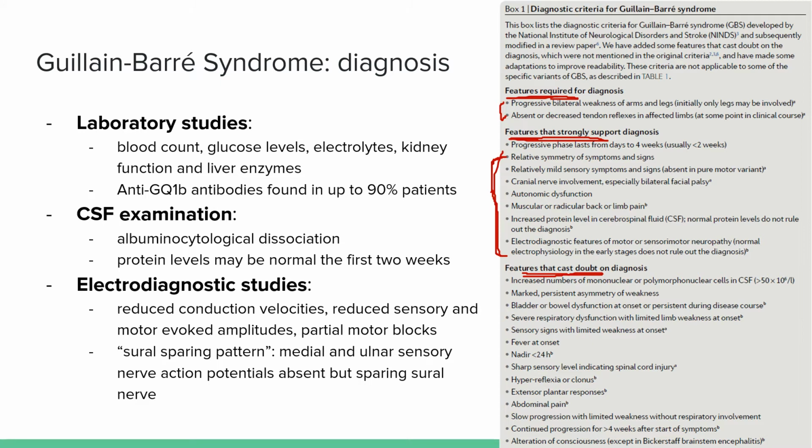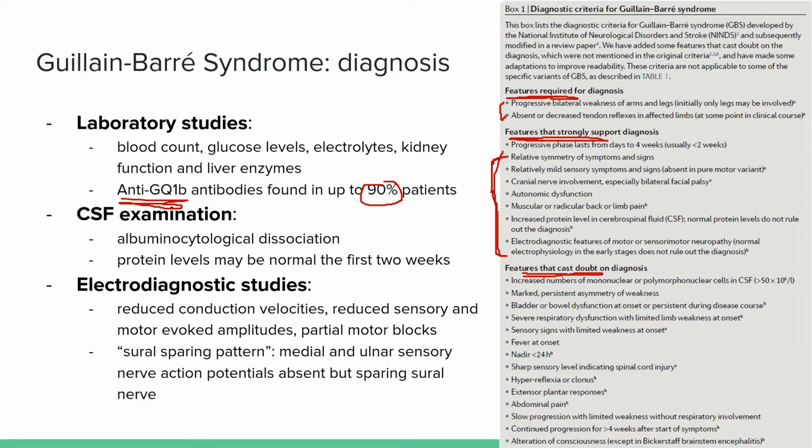Laboratory studies: first we have blood count, glucose levels, electrolytes, kidney function, and liver enzymes, and this can help us in the differential diagnosis of other acute polyneuropathies. As I mentioned before, up to 90% of patients have anti-GQ1B antibodies, so we can investigate for those.